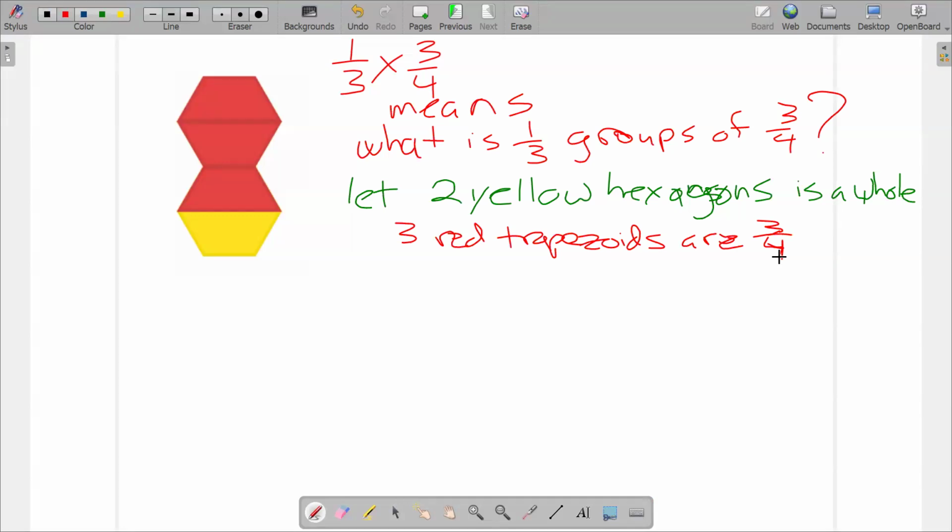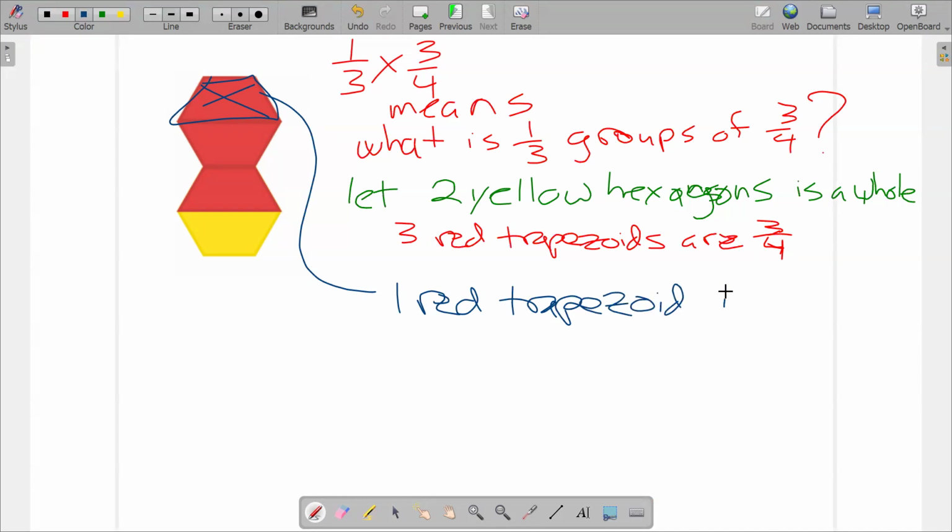Now, since I know what that group of 3/4 looks like, I can look at that and say, okay, what's 1/3 of that? Well, this piece right here, so 1 red trapezoid, sorry, is 1/3 of that 3/4.